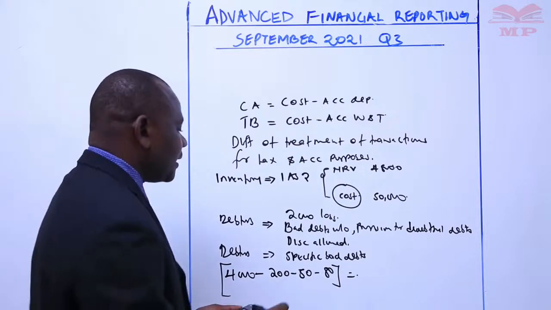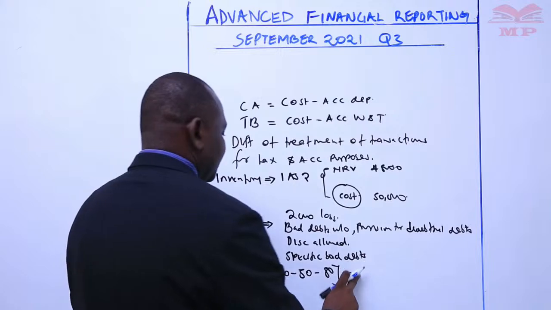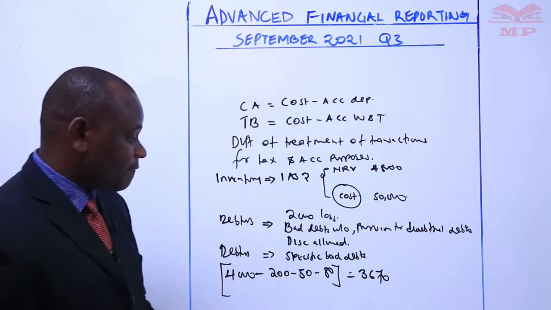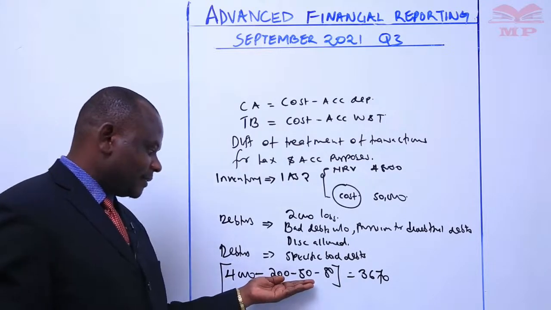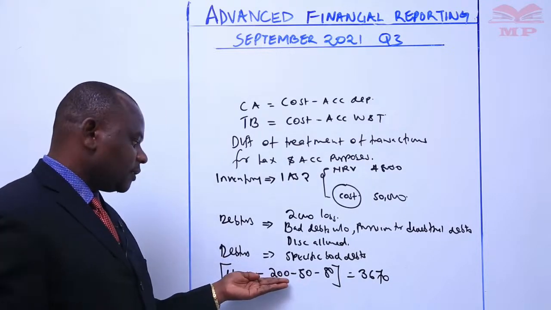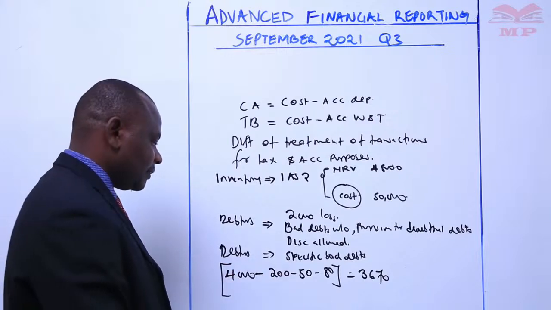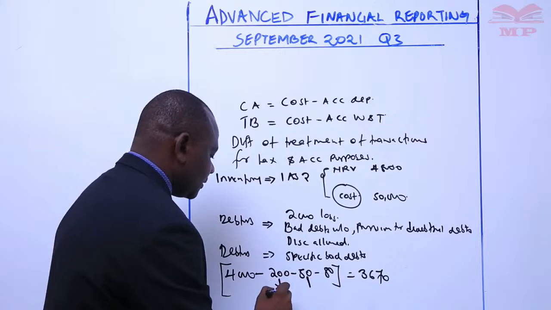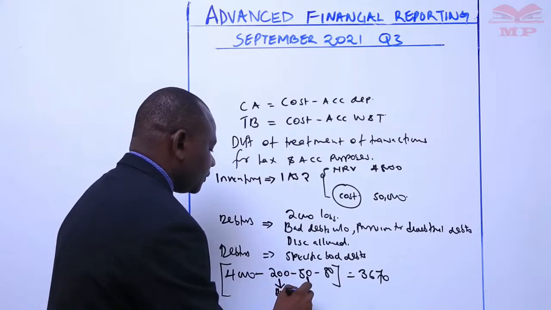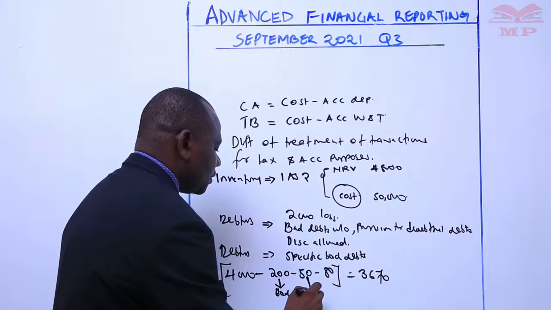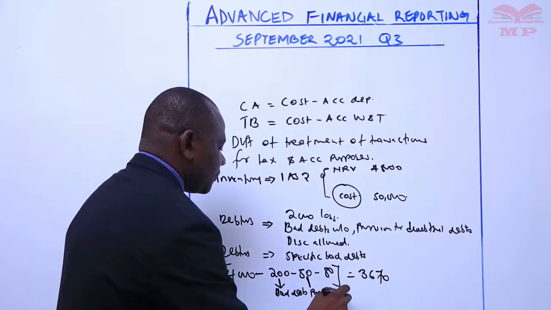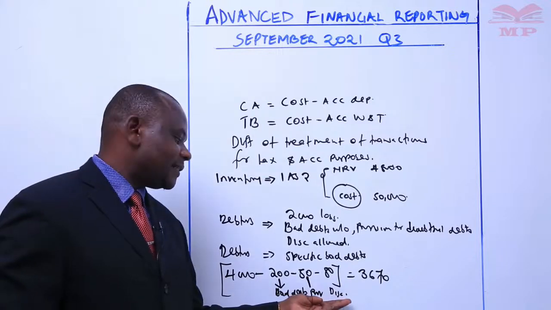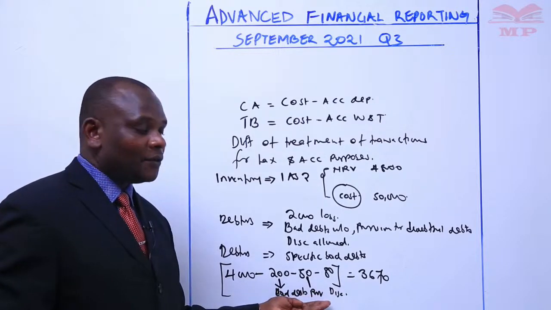In our balance sheet, we are going to report the amount for debtors as 3,670. But we disclose 200 bad debts, provision, discount allowed. We're going to disclose all this as expenses in the profit or loss.